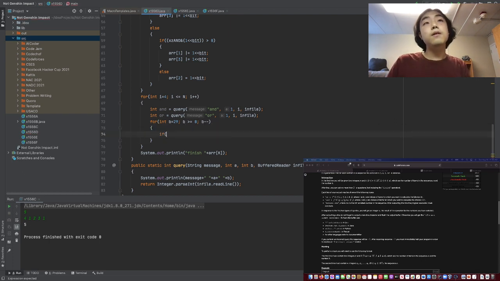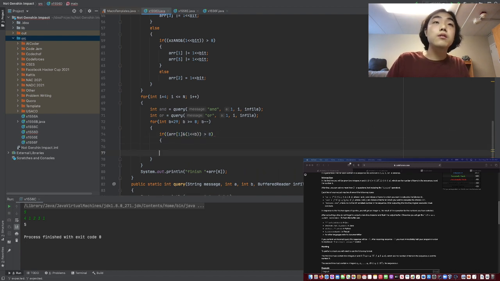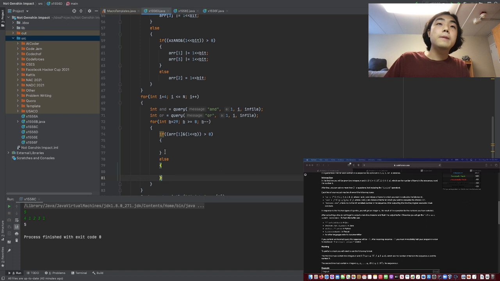okay, so the bitwise and of both of these numbers. Oh wait, no, if array at 1 and 1 left of set b is greater than 0, else.